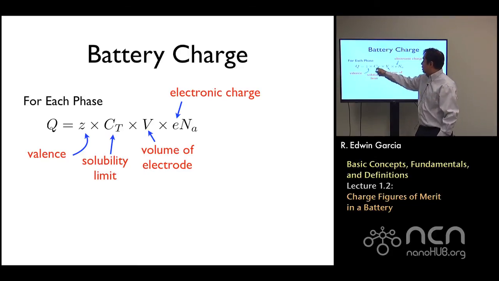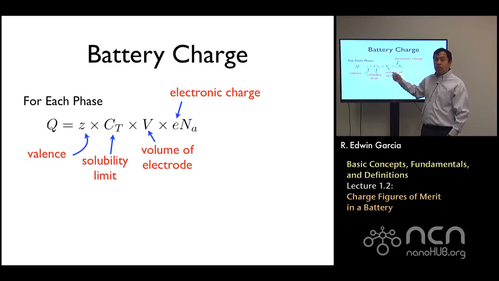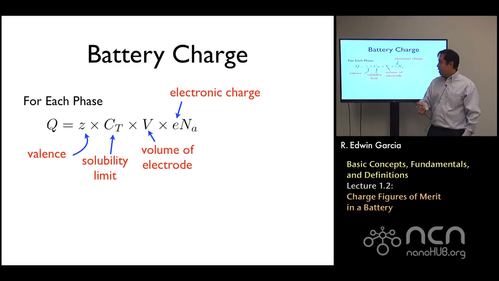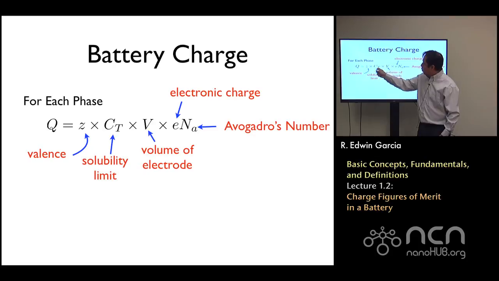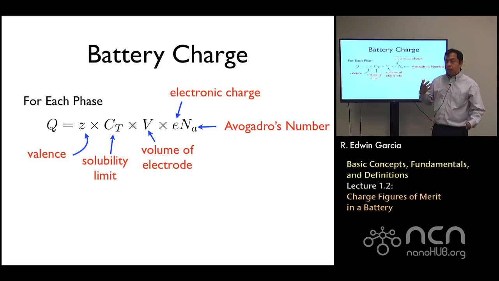Z times e is telling us how much of those ions are actually being converted into charge, because for Z of species S, we have Z electrons, and we have this little number over here called Avogadro's number that is allowing us to convert from moles to the actual number of ions.